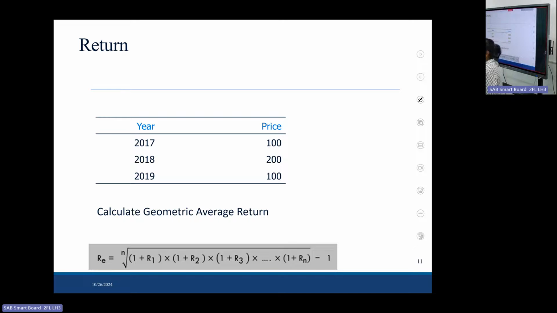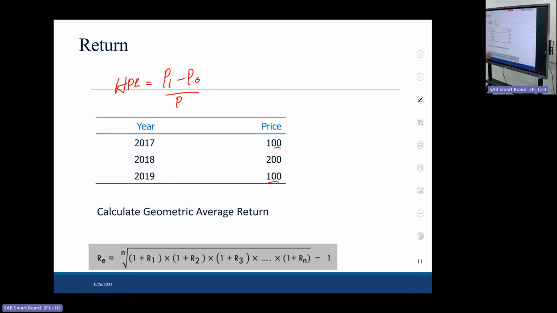If you calculate the holding period return here, the holding period is 3 years, 2017 to 2019. You started your investment at 100, and you ended with 100. So if you calculate your holding period return using the price differences, with no dividends, it is P1 minus P0 divided by P0.